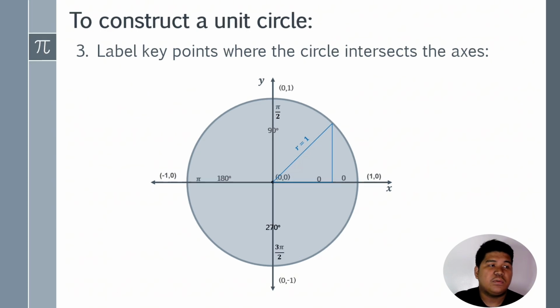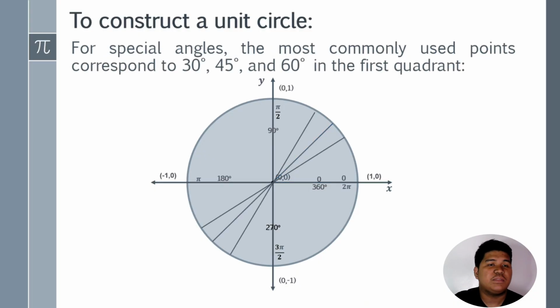And (0, -1) at 270 degrees or 3 pi over 2 radians. Then (1, 0) again at 360 degrees or 2 pi radians. For the special angles, the most commonly used points correspond to 30, 45, and 60 degrees in the first quadrant.